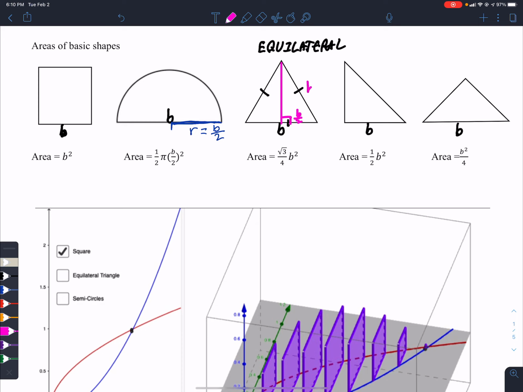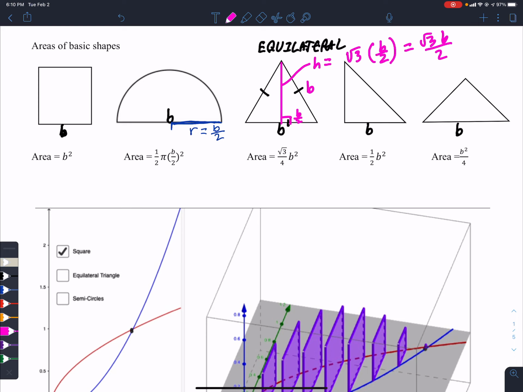This one will also be B, but then the longer leg is radical 3 times the shorter leg. So the height of this triangle is radical 3 times the shorter leg, which is B over 2. So it's radical 3 B over 2.